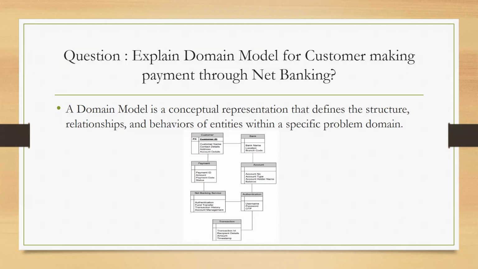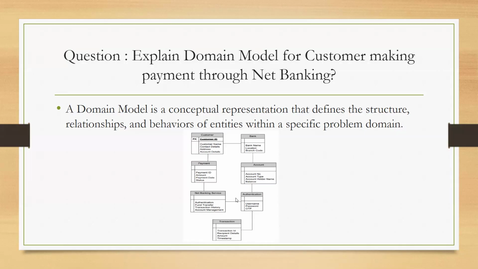You can see this payment through net banking is a specific domain under the total project. For example, in an e-commerce application, payment is a domain or subtopic under the whole project. We take the domain and represent how table-like entities are related to each other.